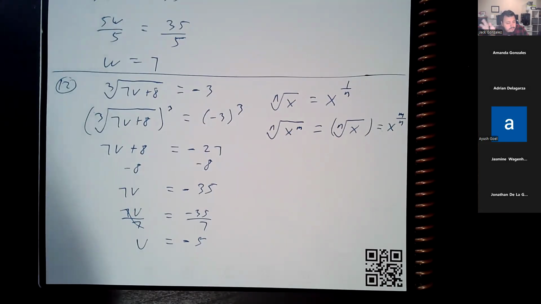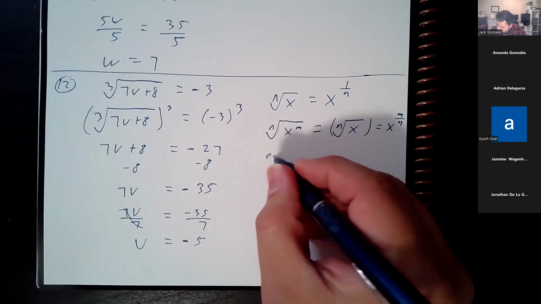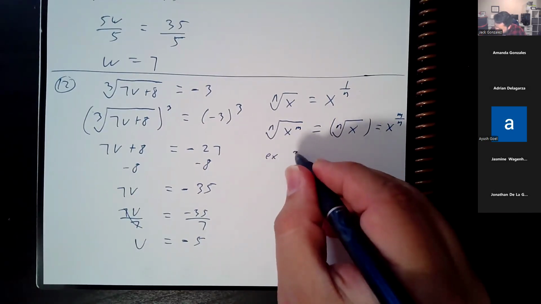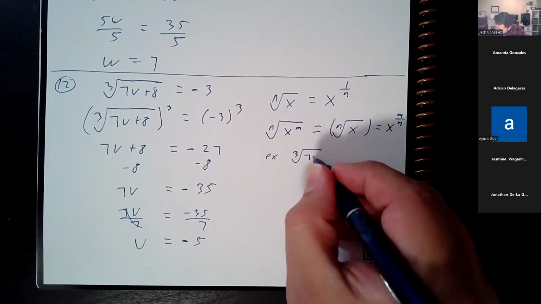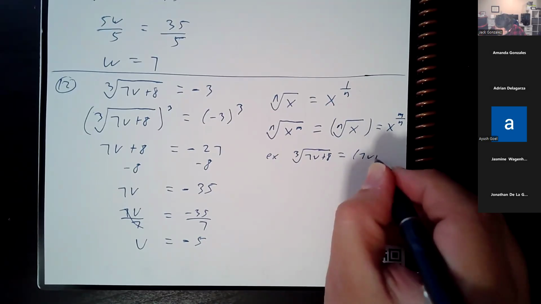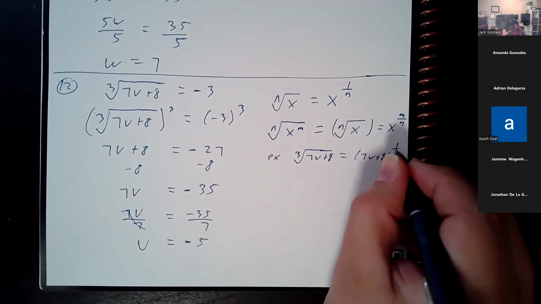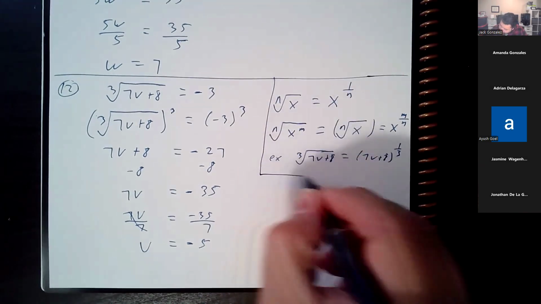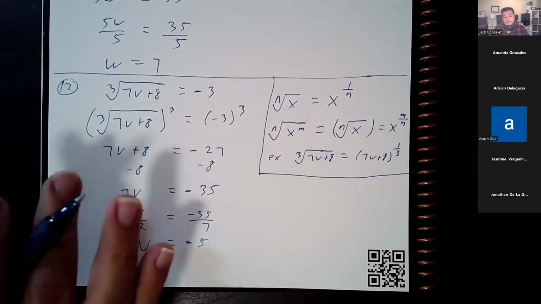So if you see a fraction power, it's actually also the same as a root. So you could have said, for example, cube root of 7v plus 8 is the same as 7v plus 8 to the 1/3. Does that make sense? It's all the same.